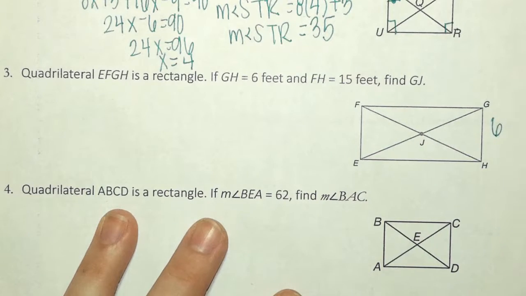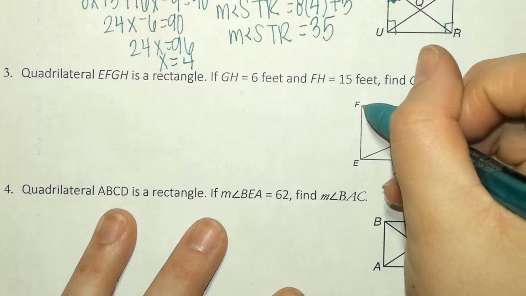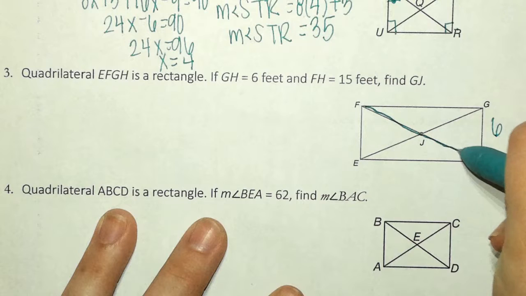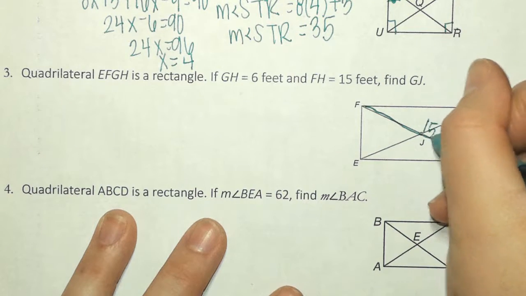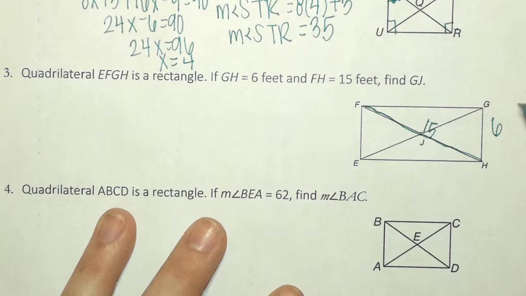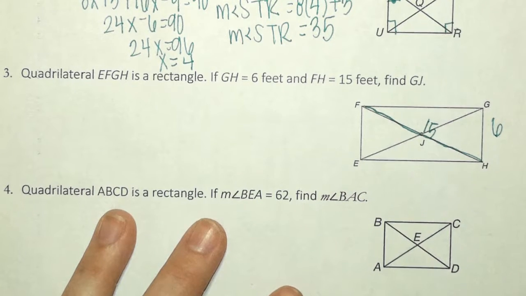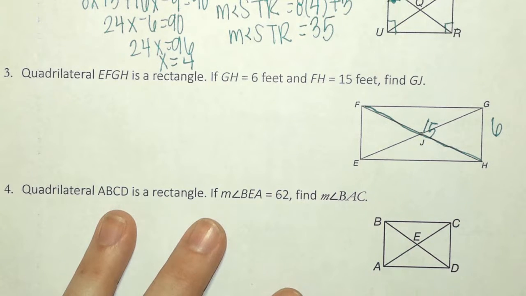If this is 6, and FH, this whole thing is 15. And I want to find GJ. Yeah.